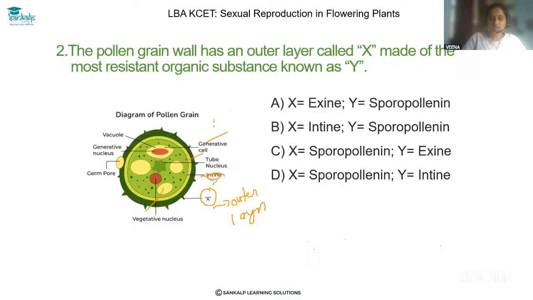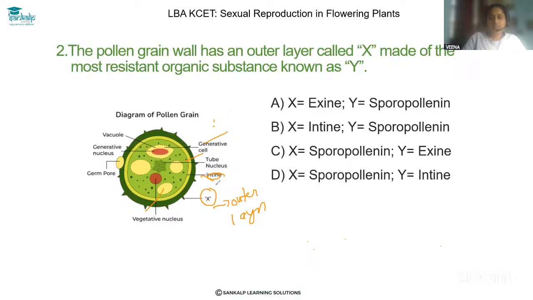So here the outer layer X is called exine, and the inner layer is intine, and the exine is made up of the most resistant organic material, so that nothing can degrade this pollen grain. It withstands high temperature, enzymes as well as alkali.